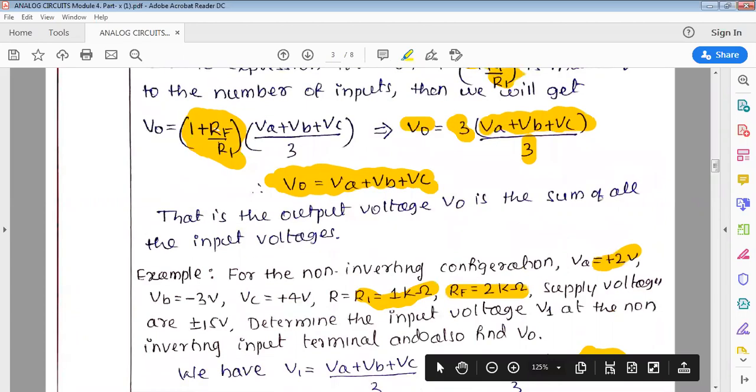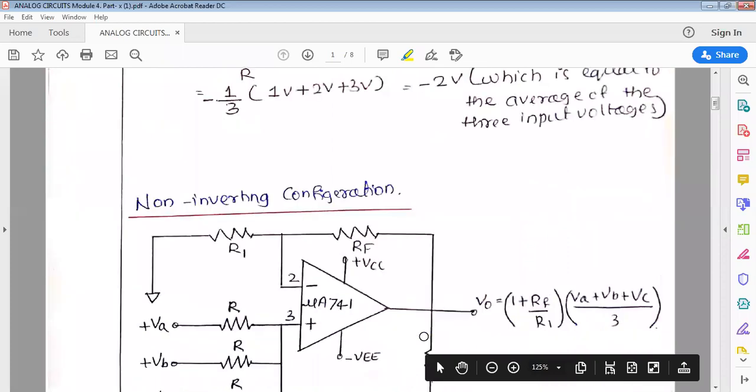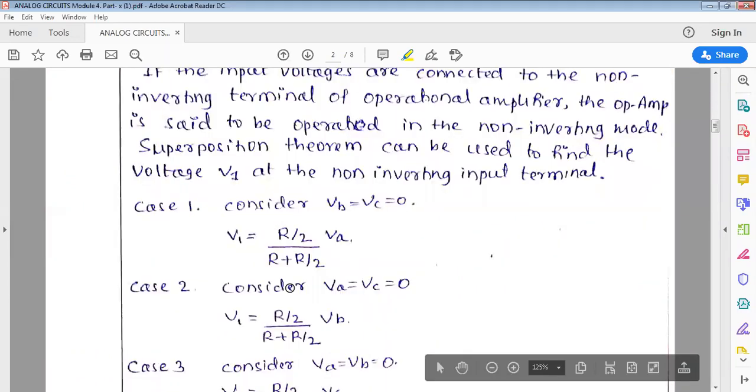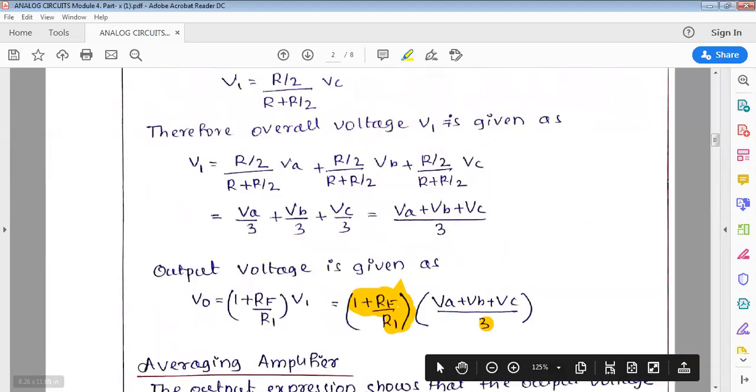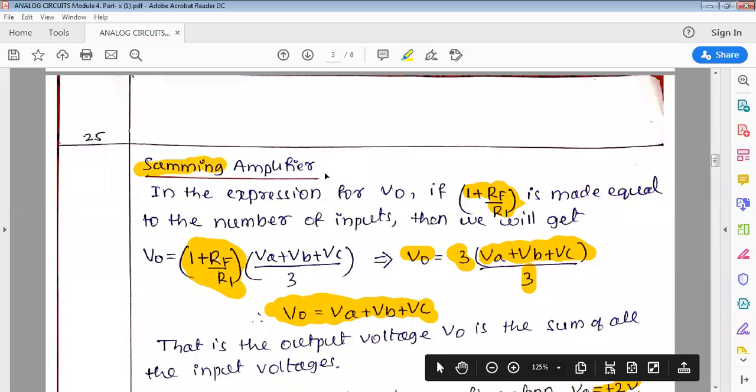So this was about the non-inverting configuration, wherein the 3 power supplies VA, VB and VC are applied to the non-inverting input terminal. So here, just by writing this expression and assuming different values, I can make it work as an averaging amplifier, or I can make it work as a summing amplifier.